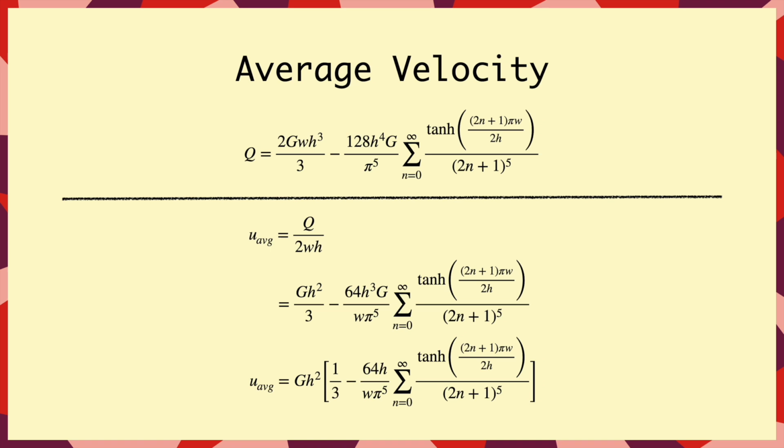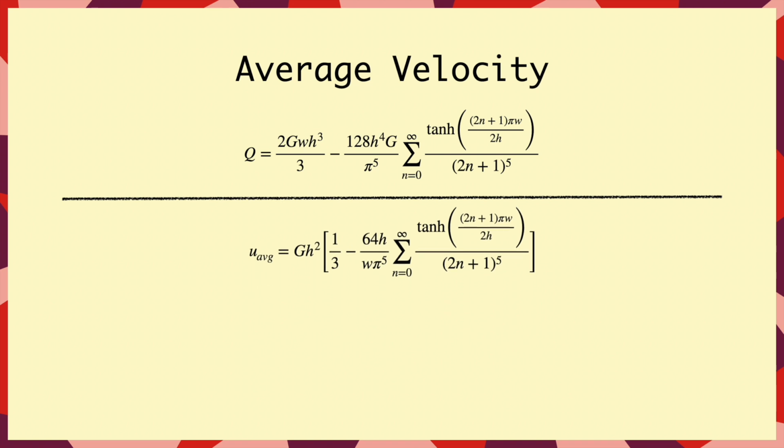But again, let's look at what happens when w is small. Now, because we're dividing by w in there, we can't just set w equals 0 like last time. Instead, we need to imagine w is very small, but still greater than 0. Then we can use the approximation hyperbolic tan of x is roughly x for small inputs.